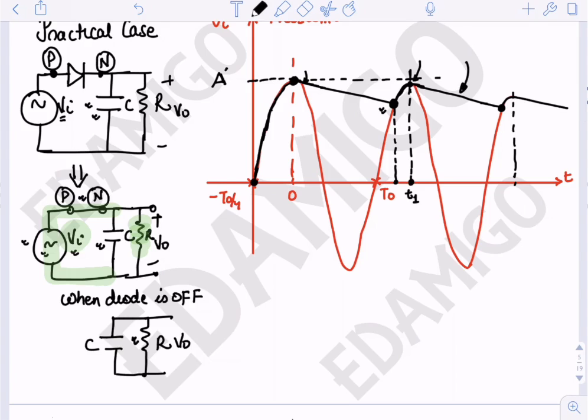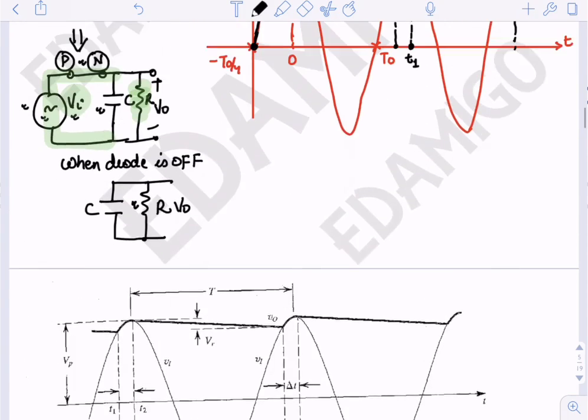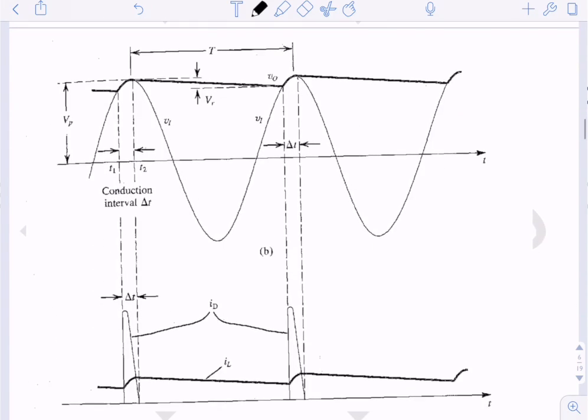Clear? So now let us analyze this with the help of the figure that I have copied from a book. Let us say that this is time instant t1, this is t2.